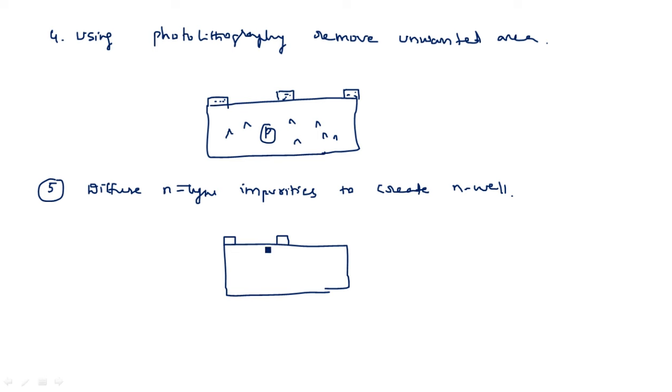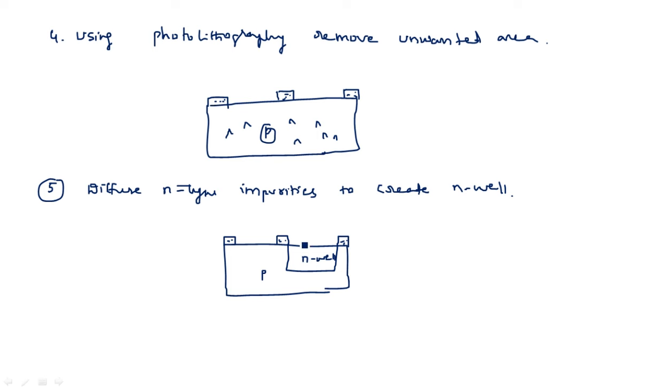This place is for the NMOS transistor, and this is the n-well region. This is the oxide. This is now the n-well. An n-well is nothing but n-type impurities diffused into the p-type substrate in large amount so that it creates an n-well region.